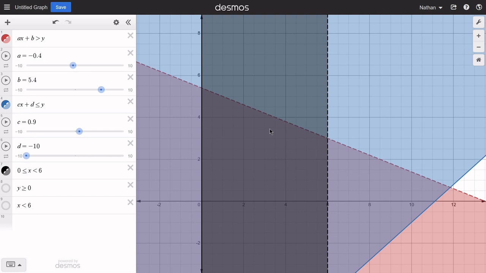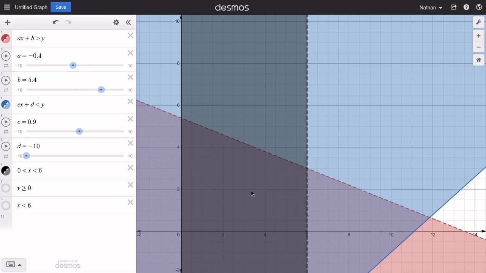To do it by hand, you'd have to do a lot more analysis on what kinds of points would satisfy all the things. But in general, for actual applications of this, you're going to have extremely complicated, extremely long linear inequalities.